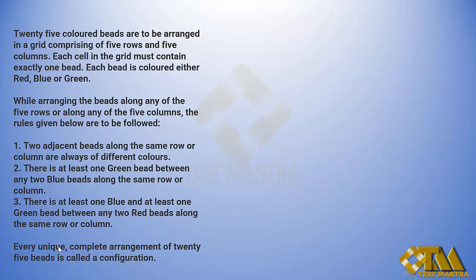So if I'm using two blue in a particular row or column, I should have at least one green in between. There is at least one blue and at least one green bead between any two red beads along the same row or column. Every unique or complete arrangement of 25 beads is called a configuration.